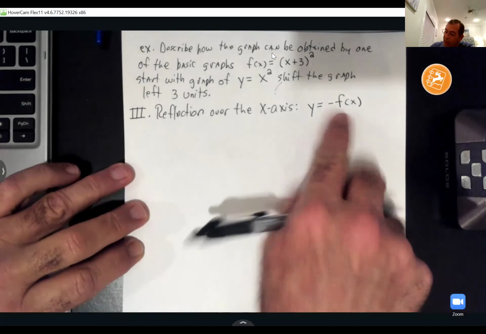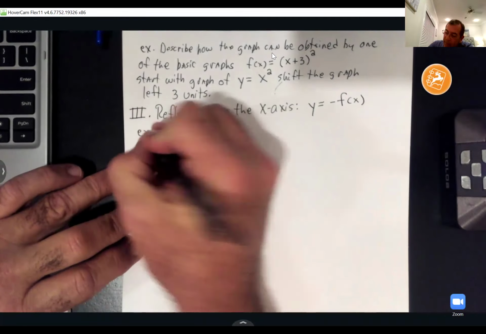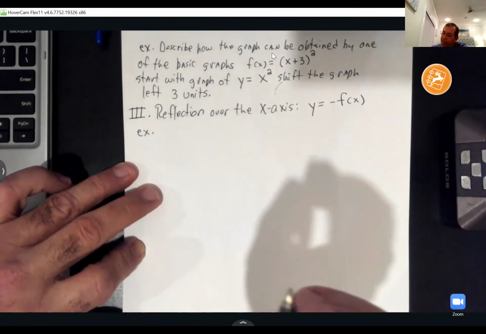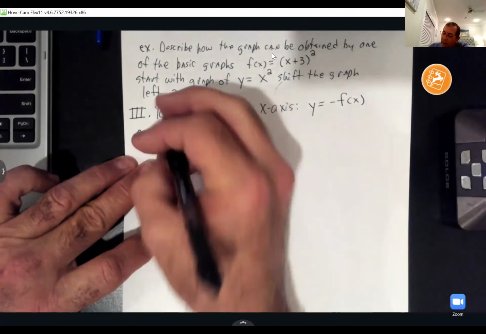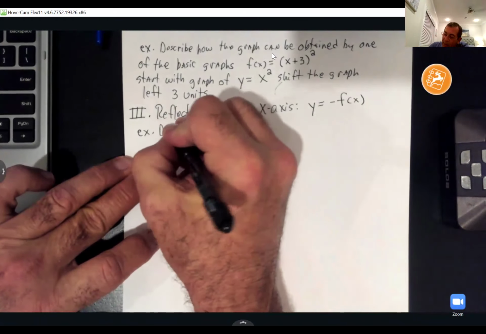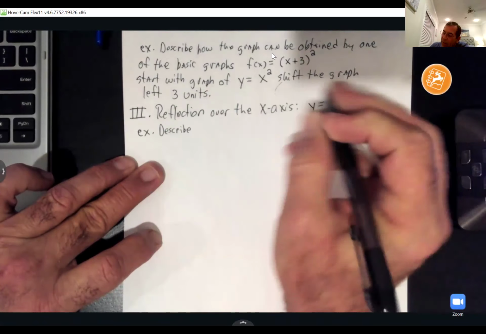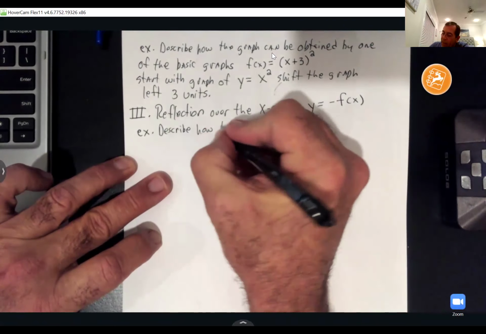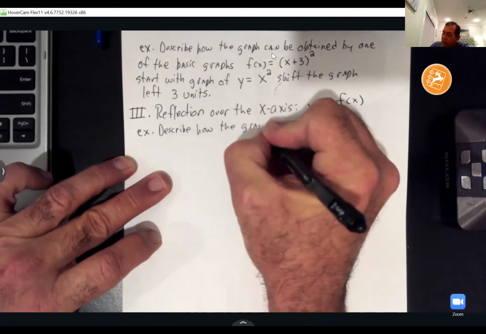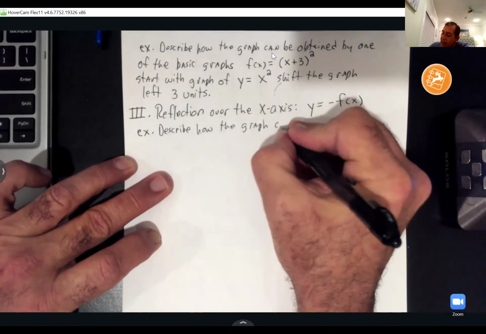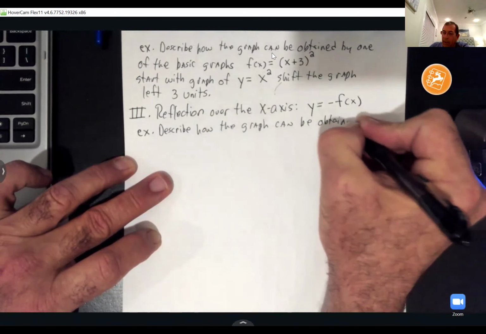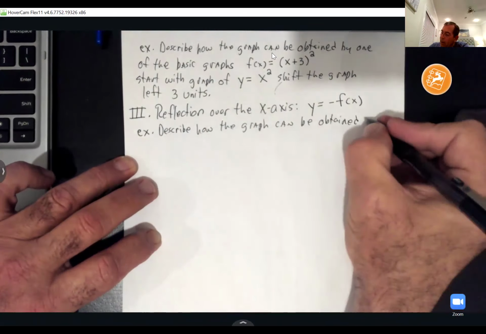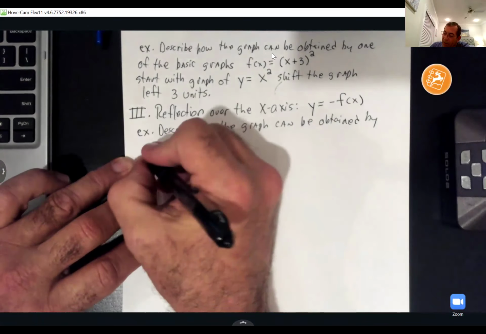So an example of this, how about describe how the graph can be obtained by one of the basic graphs.